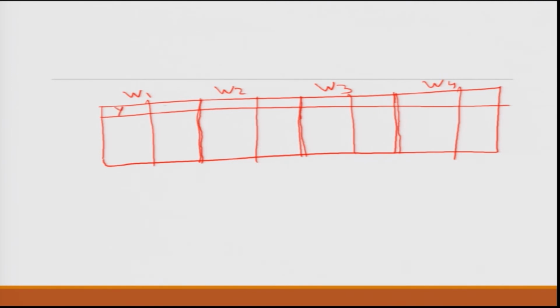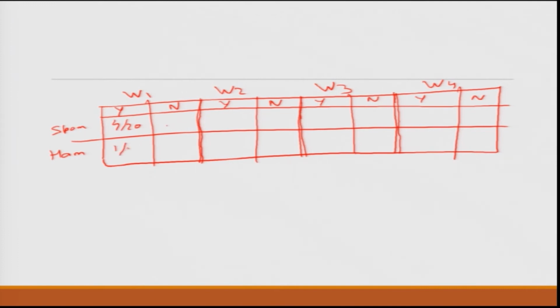So this is yes, no, yes, no, yes, no, yes, no, and this being spam, this being ham. For each of them you have some values here, in this case for example we knew it was 4 by 20, 1 by 80, 16 by 20, and 79 by 80. Similarly, based upon the sample that you have taken, you have this filled.